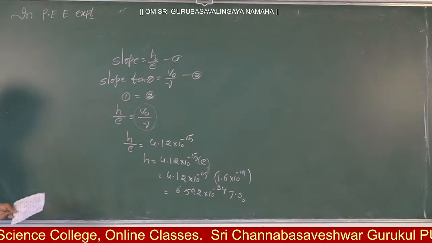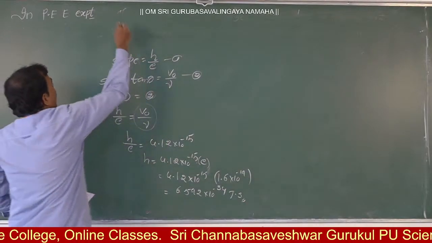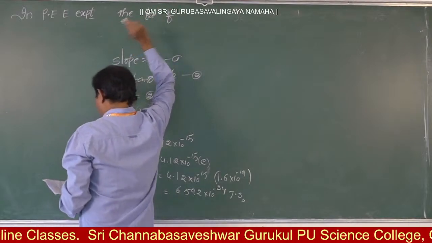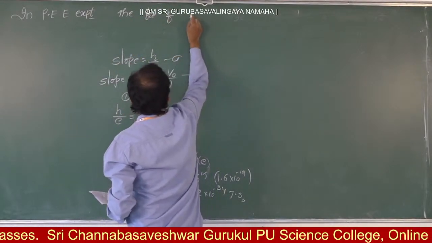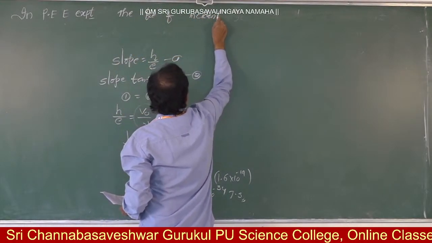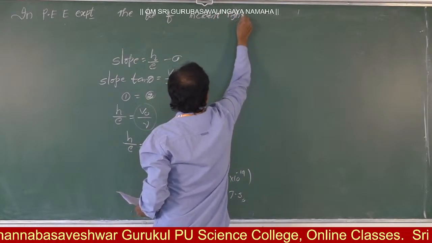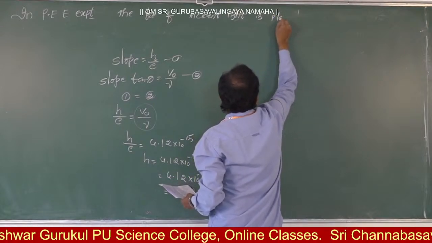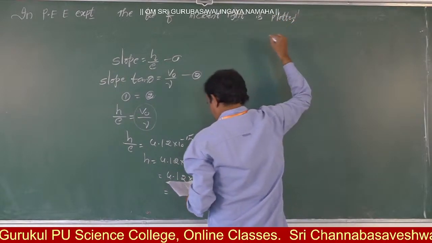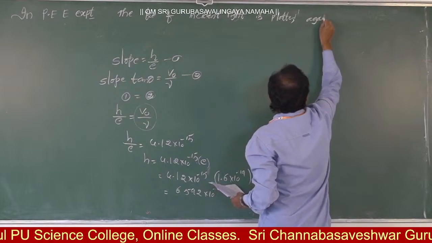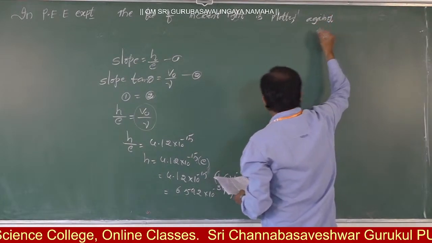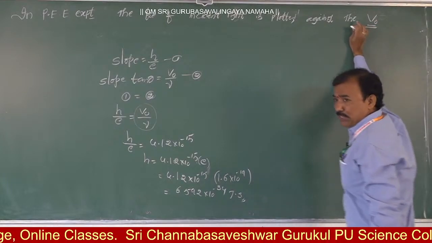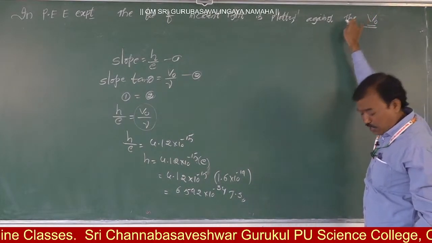In a photoelectric experiment, the frequency of incident light is plotted against the stopping potential V naught. You have to write the complete name also: stopping potential V naught.